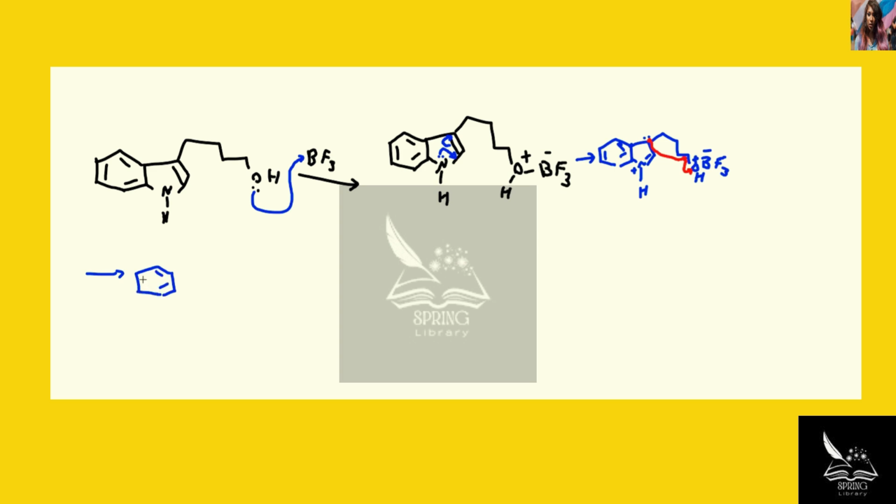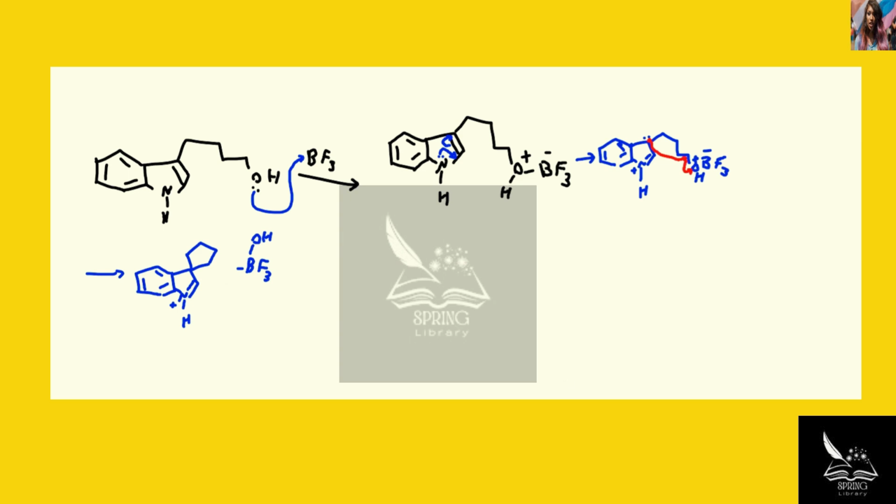You're going to have a cyclopentane now off of one carbon atom, with BF3OH still having a minus charge.